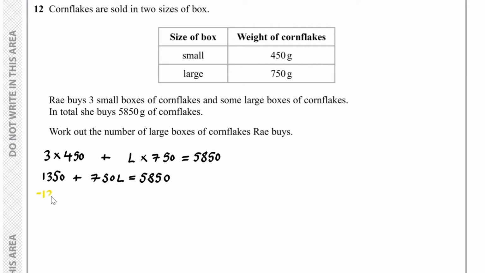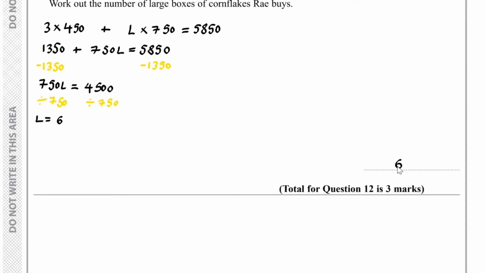So first of all we subtract off 1350 from both sides, and if we do that, we have 750L equals 4,500, and now if we divide both sides by 750, it turns out L is equal to 4,500 divided by 750, which is 6. So therefore, she buys 6 boxes of large cornflakes.